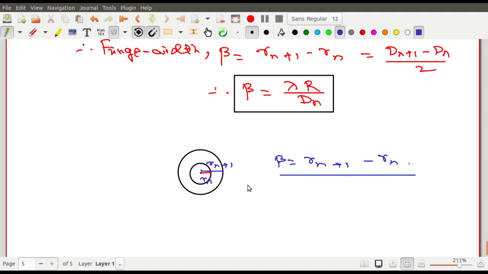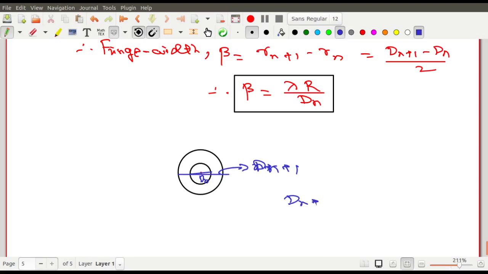Now if I want to do this in terms of the diameter, suppose you measure the diameter. This diameter is your Dn and this entire diameter is your Dn plus 1.